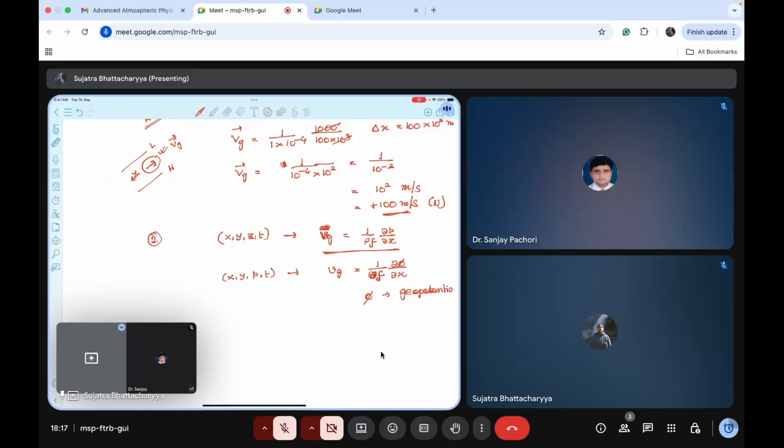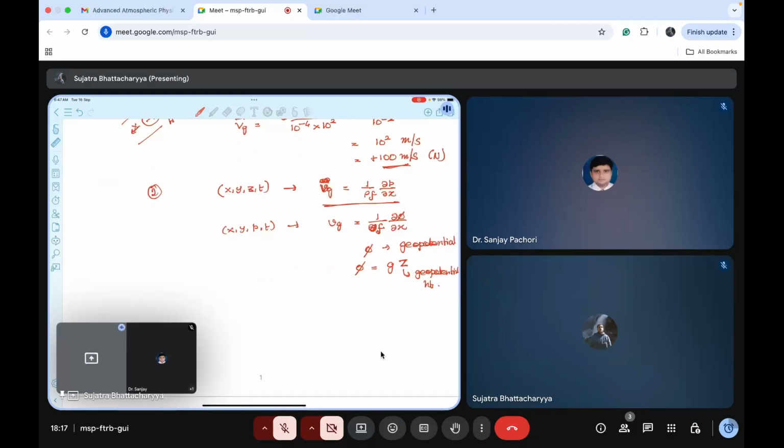Right? And what is the definition of geopotential? g times the geopotential height. Understood? So for this question, it says to calculate the geostrophic wind when your geopotential height changes as we go in the x or y direction.